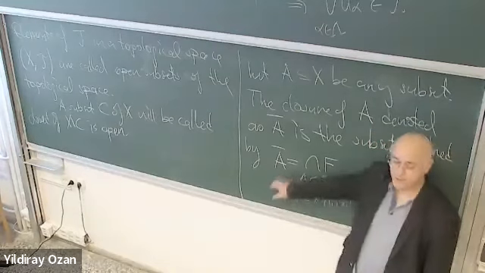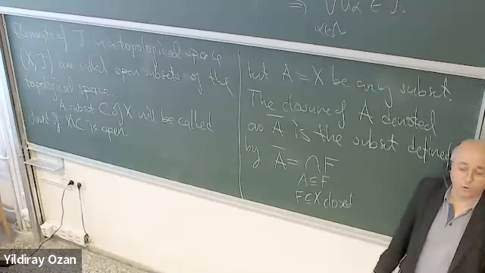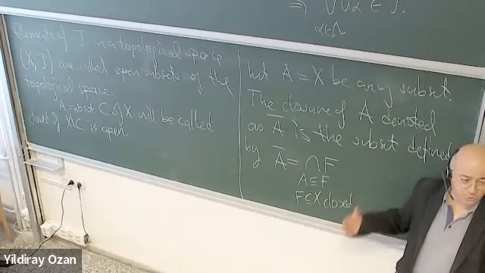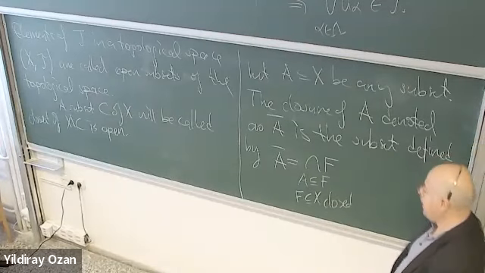So closure of a set is just the intersection of all closed sets containing A.